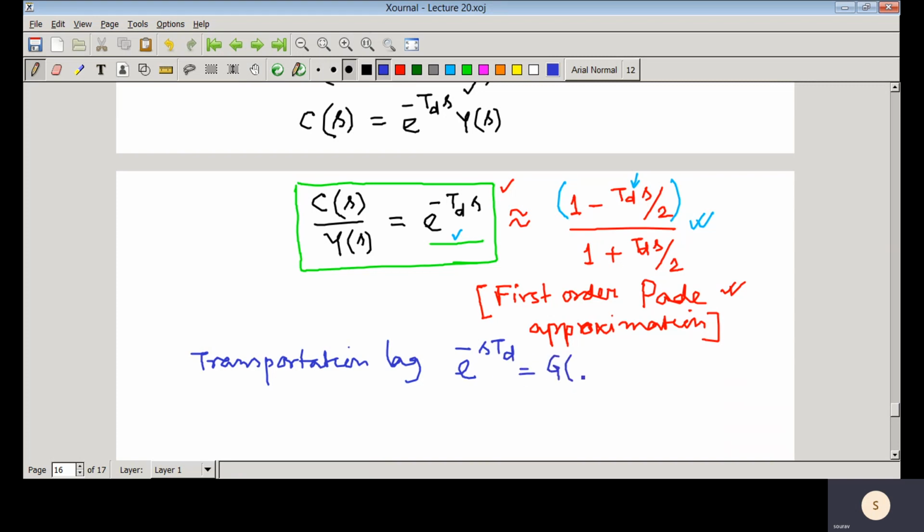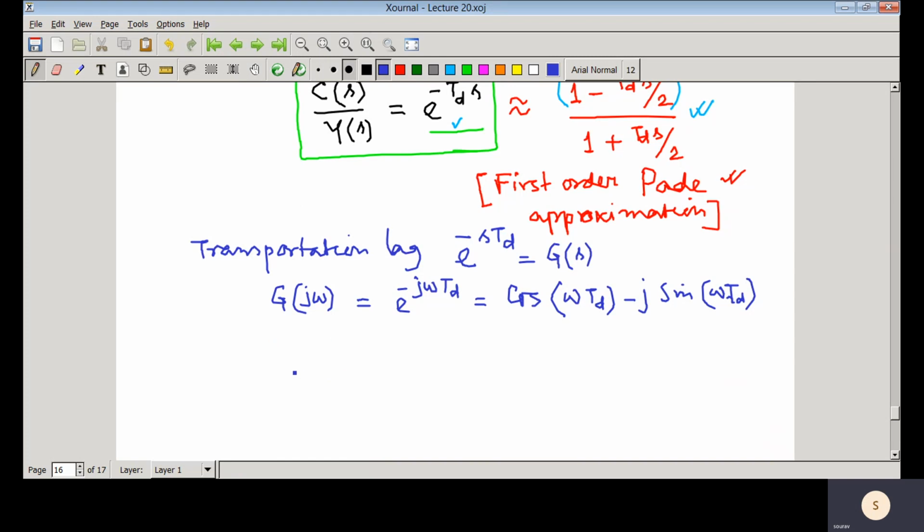Suppose that is your G(s). Now we know that G(j omega) would be equal to e to the power minus j omega Td, so that would be cos of omega Td minus j sine omega Td. Td is the delay.